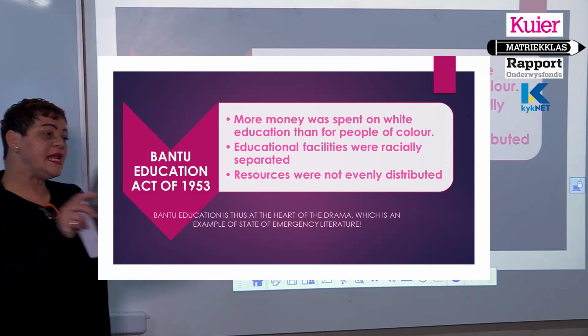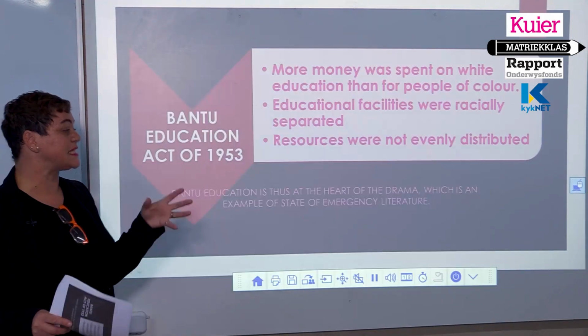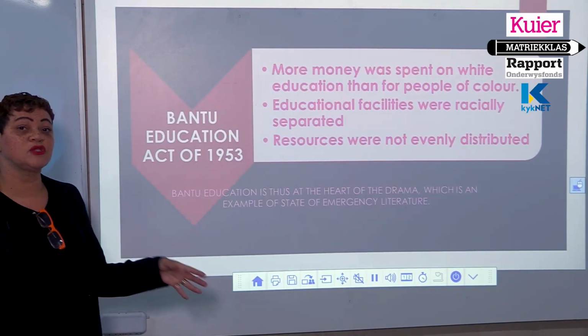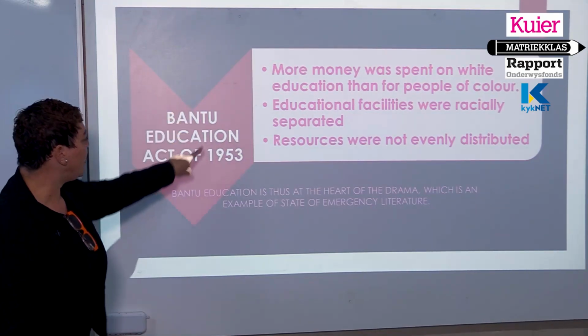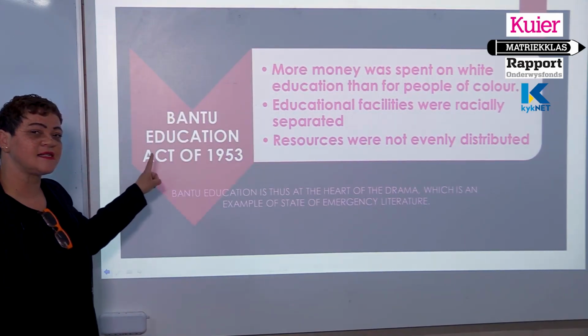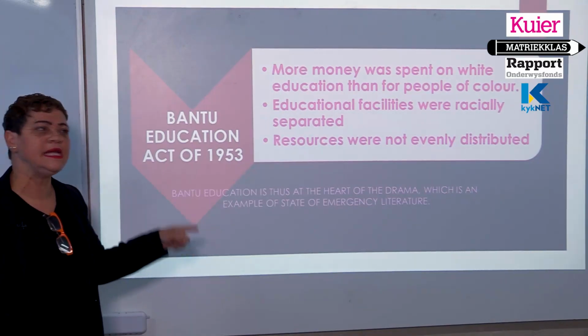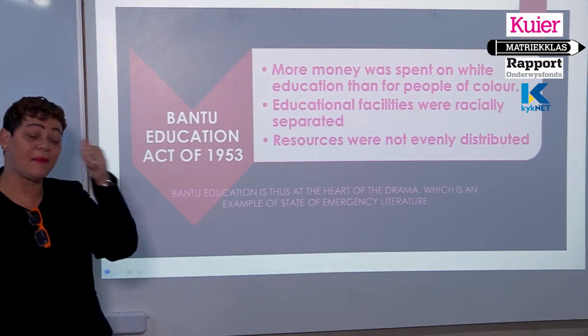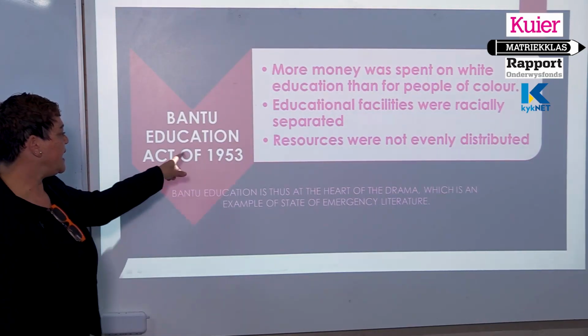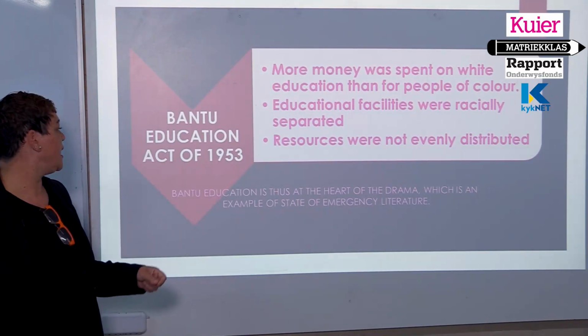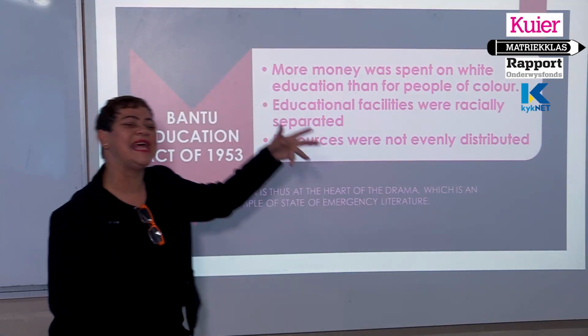Any piece of literature, any genre, written during this time is called the state of emergency literature. And so, Bantu education was an act that was passed legally in 1953. Remember, apartheid was passed legally in 1948. It became legal. In 1953, the Bantu Education Act of 1953, what did that mean?